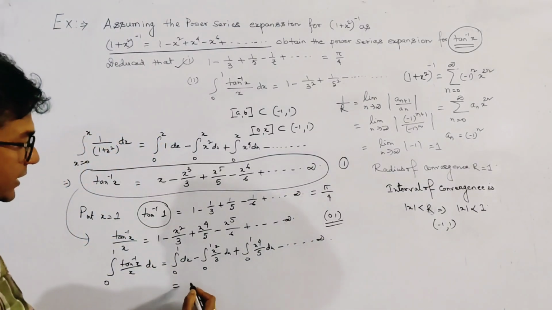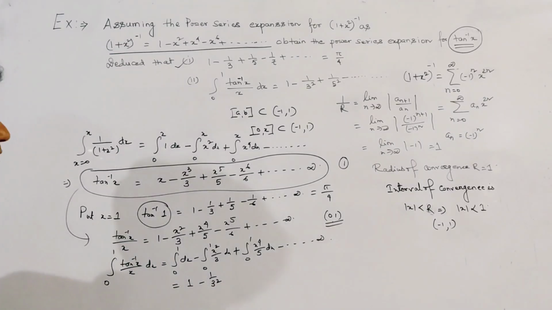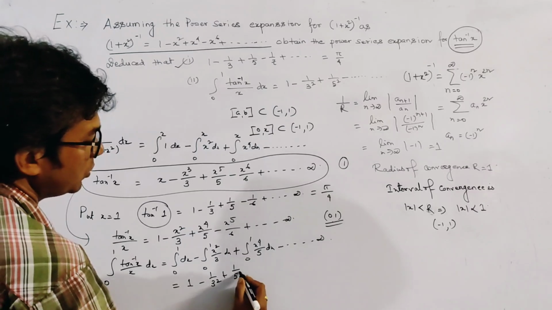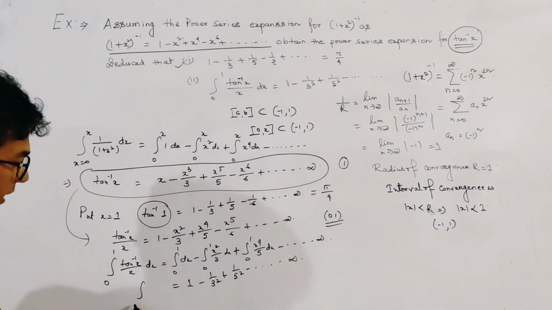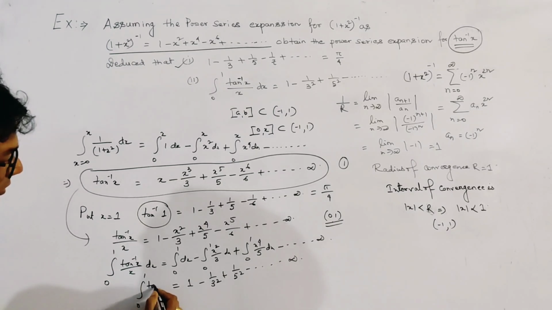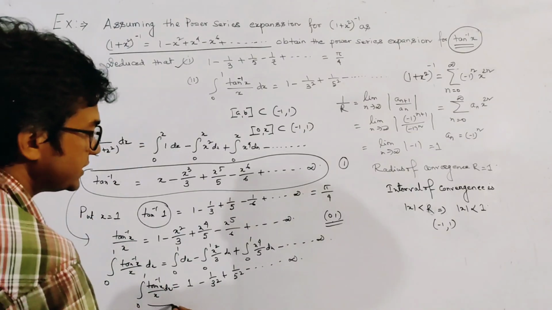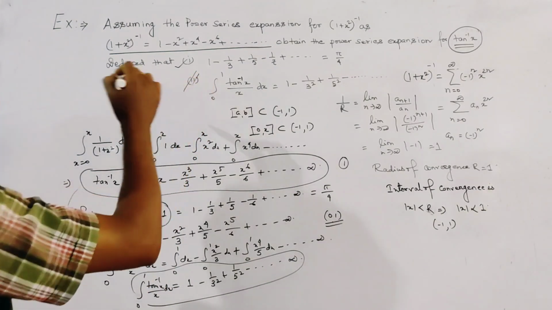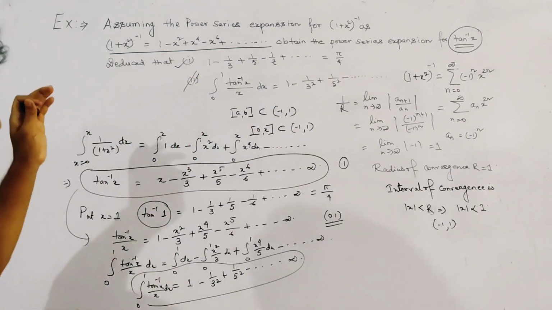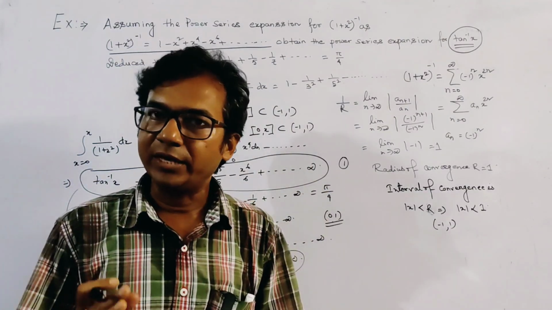Integrating, we get 1 minus 1 by 3 whole square plus 1 by 5 whole square minus and so on, and the left side is integration 0 to 1 tan inverse x by x dx. Clearly this is our second deduction, so we prove the second deduction also. This is a very easy but important problem of power series. Thank you for watching.